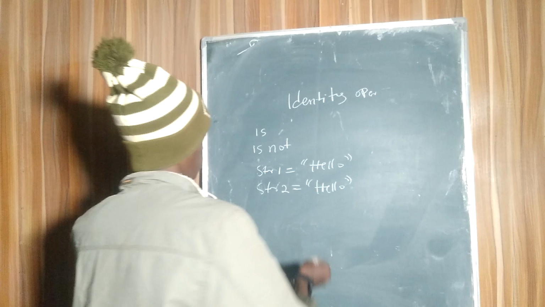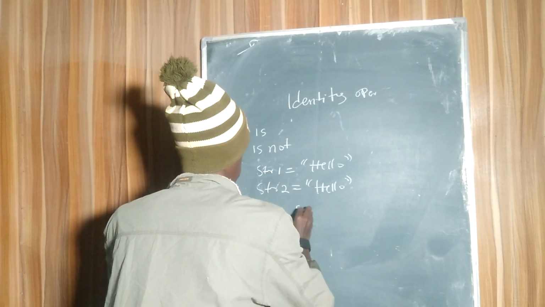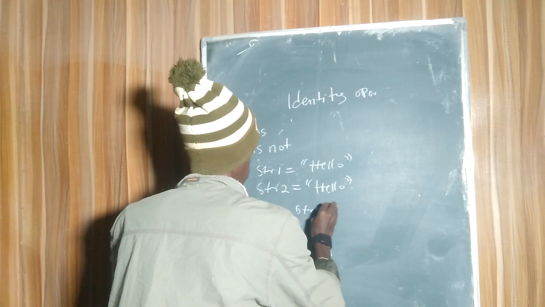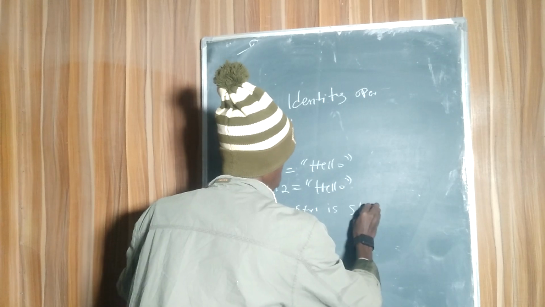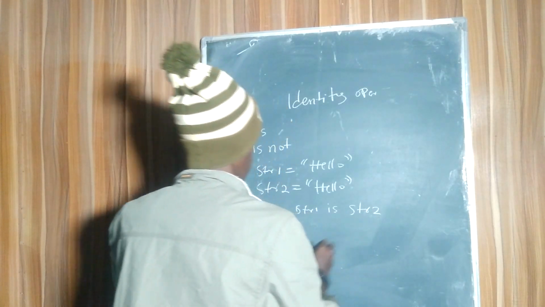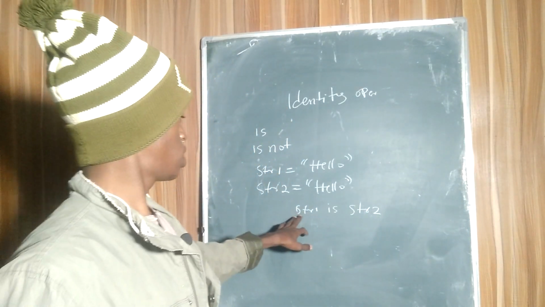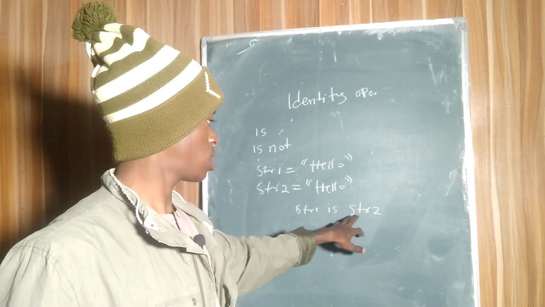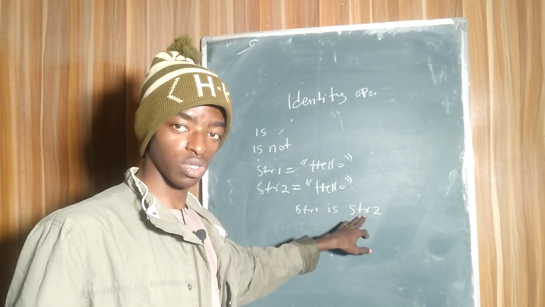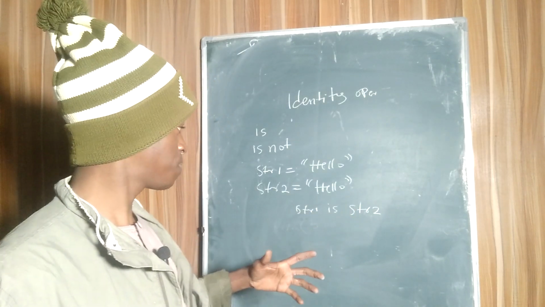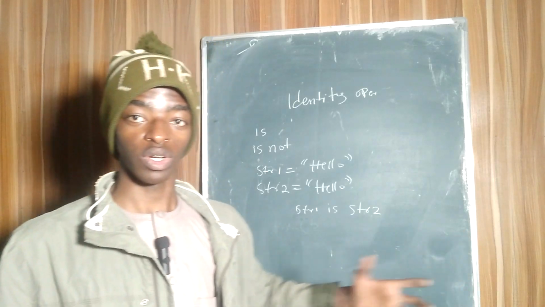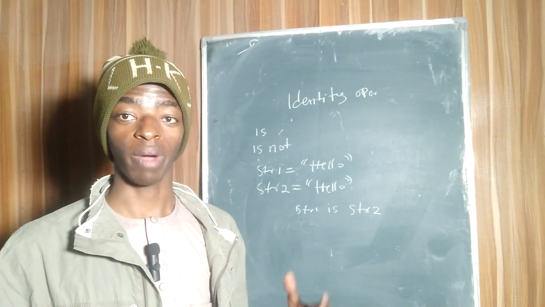So what do you think if I write string1 is string2? It's like I'm checking, are they the same, string1 and string2? Not in terms of value, but in terms of ID.